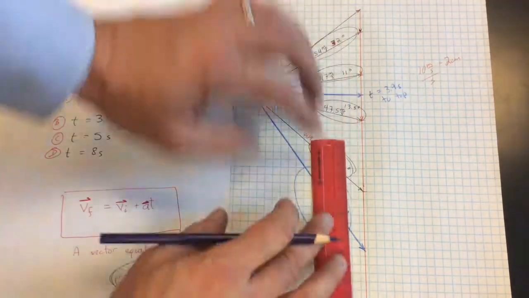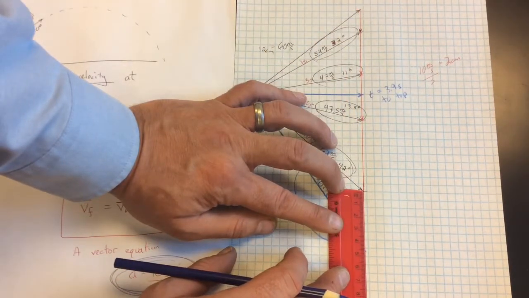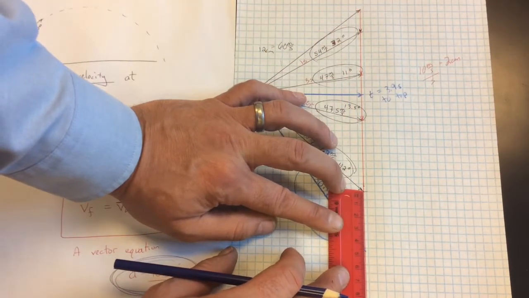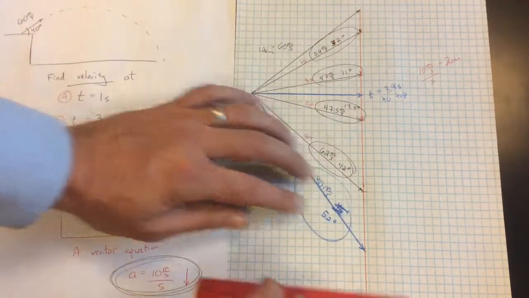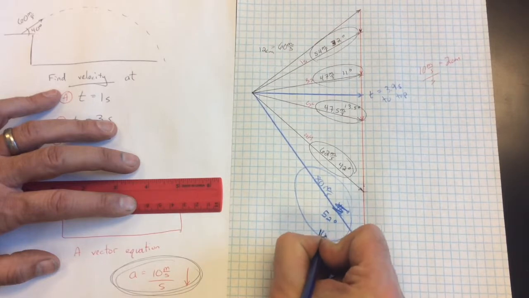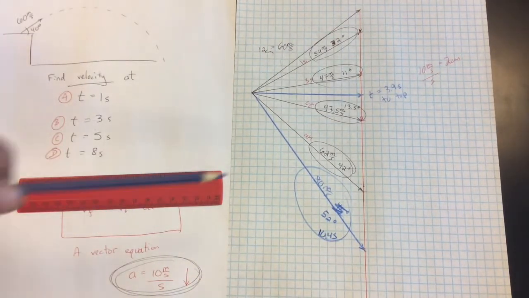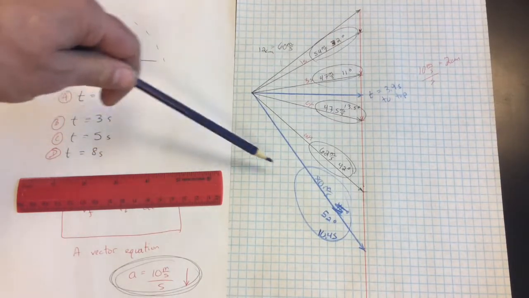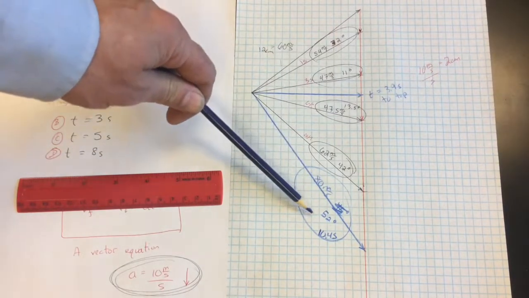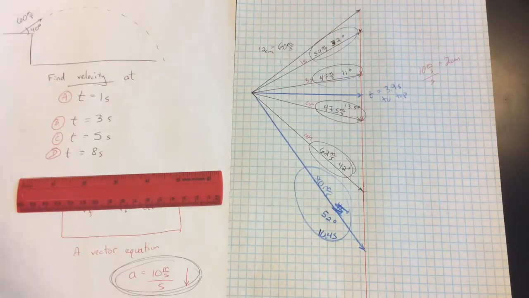So that's 16. We measured that before. And 16 plus 4.7, 20.7, which is 10.4 seconds. So after 10.4 seconds, this ball will have, if it has enough room to fall, will be traveling 80 meters per second at 52 degrees below the horizontal.